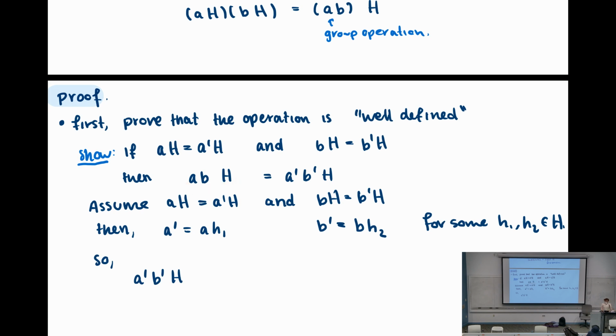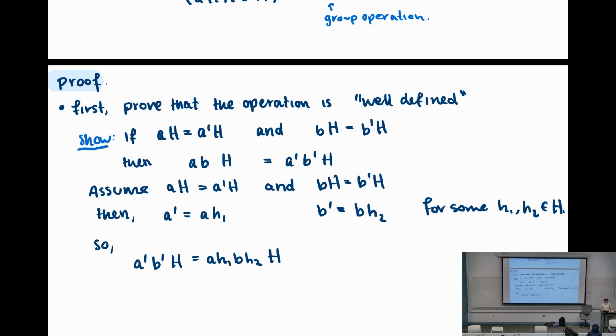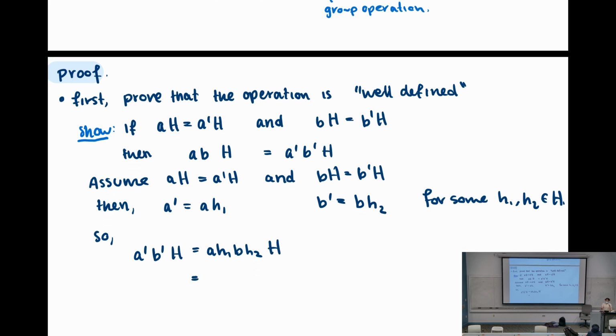So let's expand this out in terms of these two equations. So a prime is a h1 and b prime is b h2. And then we had H. Then I'm going to absorb the h2 into H. So I get a h1 b H. So this is by absorption.